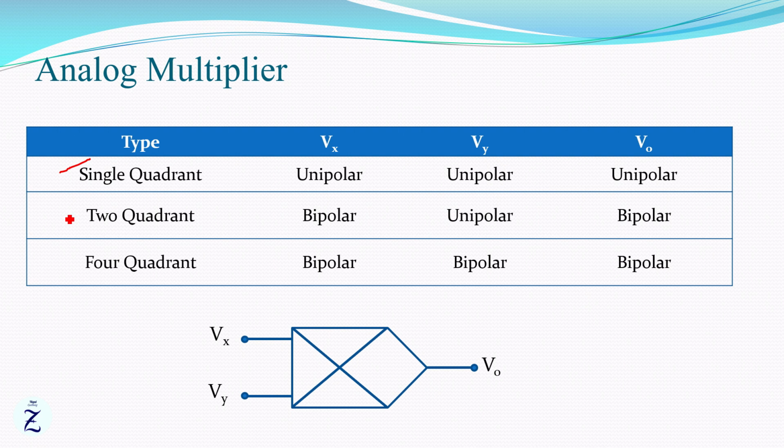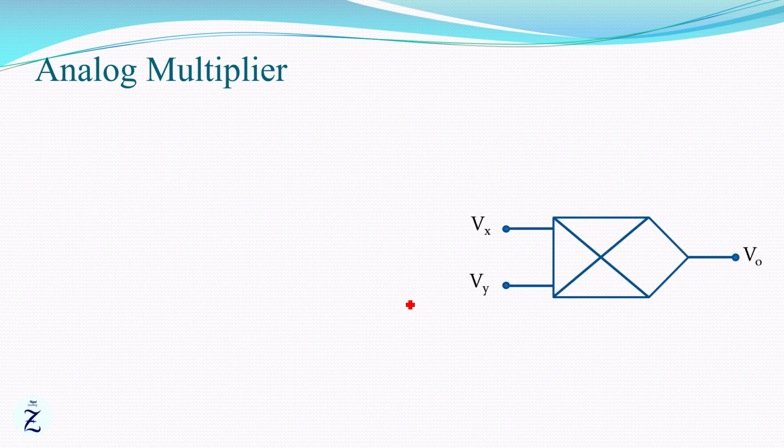Two quadrant multipliers are those where one of the input signals has to be unipolar but the other can be bipolar, and the output is therefore bipolar. And four quadrant multipliers are those in which both input signals can be bipolar and the output is also bipolar. So this is the most flexible type of analog multiplier.